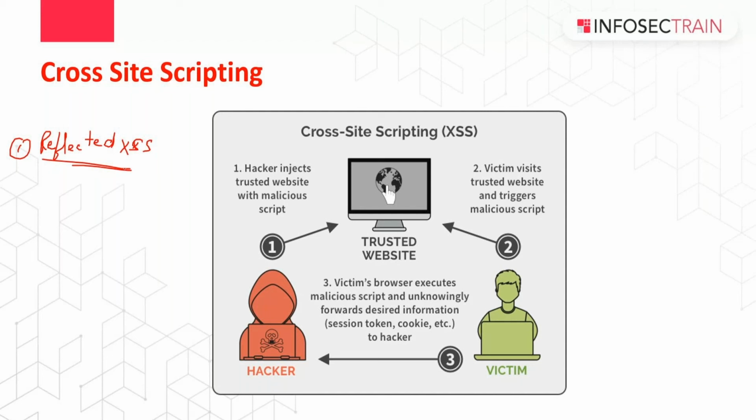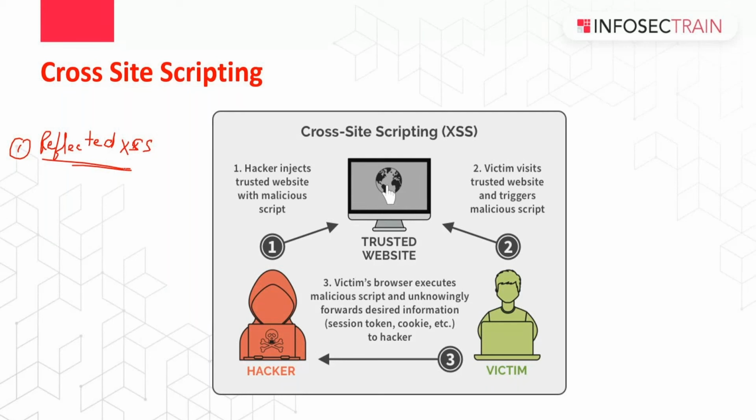I send it to you, but in order to execute it, you have to interact with that script, with that URL, or you can say with that input I have put in the script. That is not possible because I would have to be physically present to make you click it. So what I will do is send phishing links.